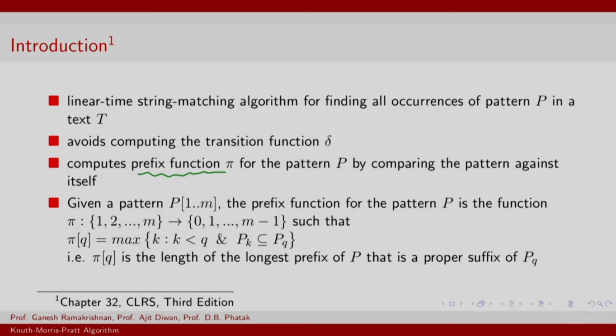So pi(q) is the maximum value of the index k such that Pk, the string from 1 to k in P, happens to be a proper suffix of the string Pq. So k is therefore the length of the longest prefix of P that is a proper suffix of Pq. Recall that this was exactly the idea that was used to compute delta. We are going to leverage pi(q) directly.